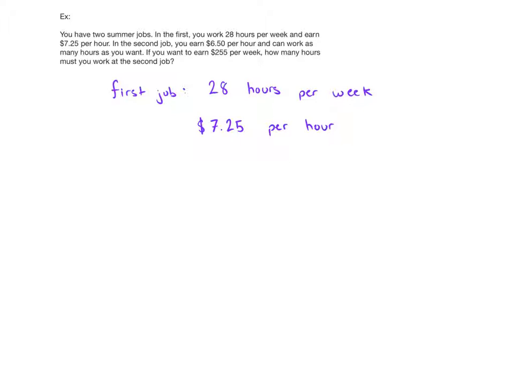So let's just do that. We have total equals 28 times 7.25, and this gives us $203 per week.